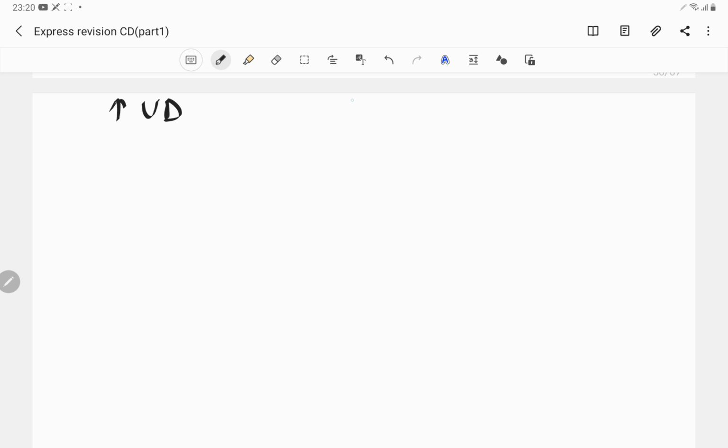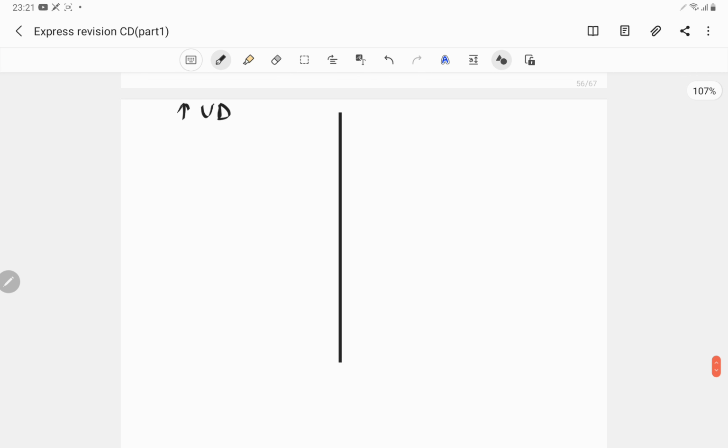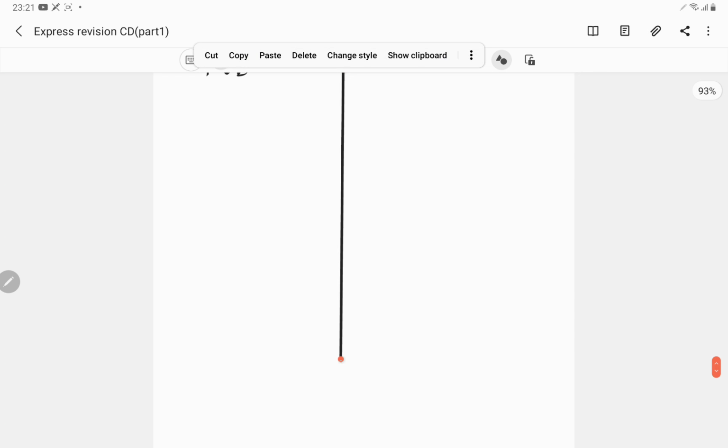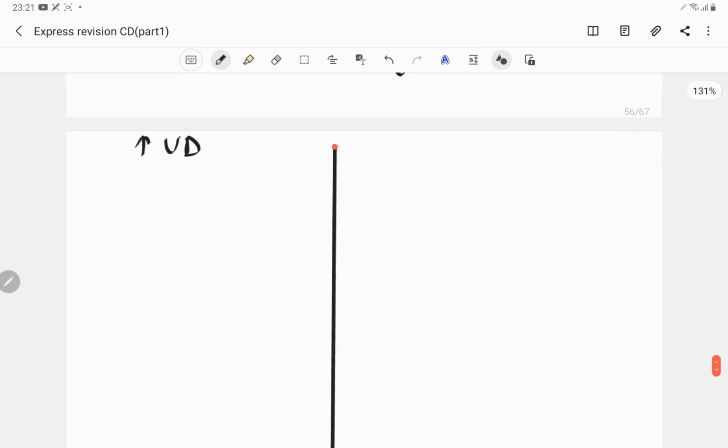So there is going to be an increase in the lower facial height of the patient.